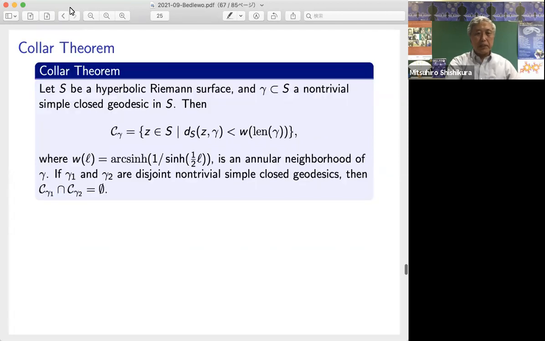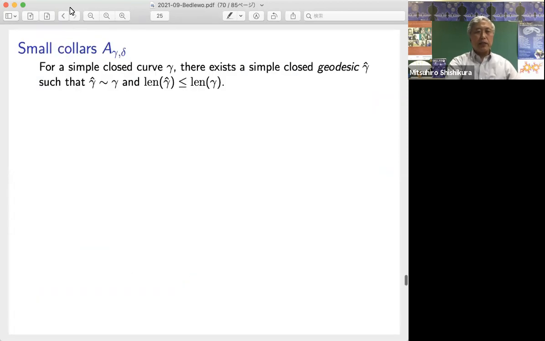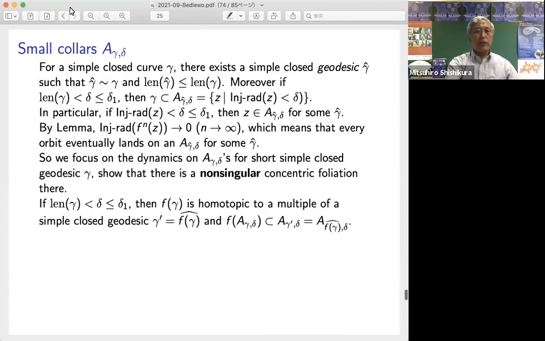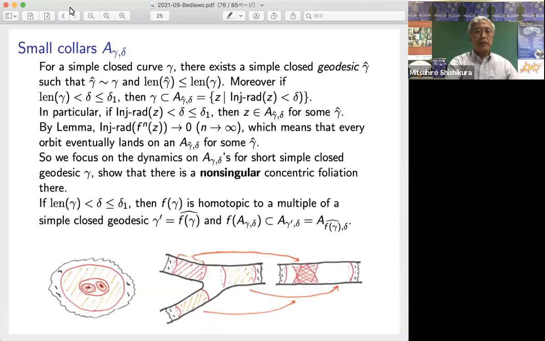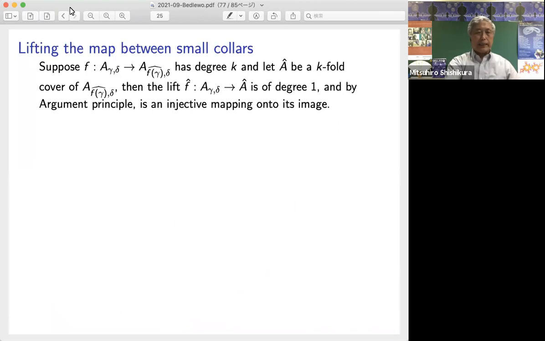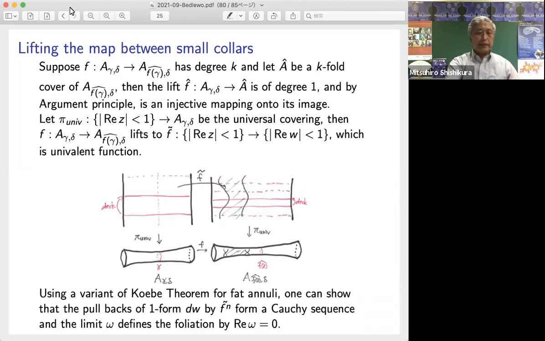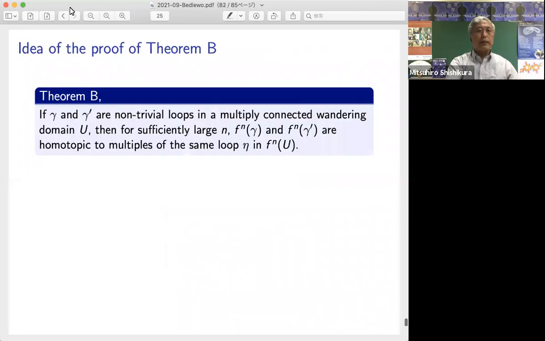Anyway, let me skip this part using the color lemma and so on. Some color is mapped to another color by the dynamics, so it becomes a very simple question about the lifting of this mapping on the colors.